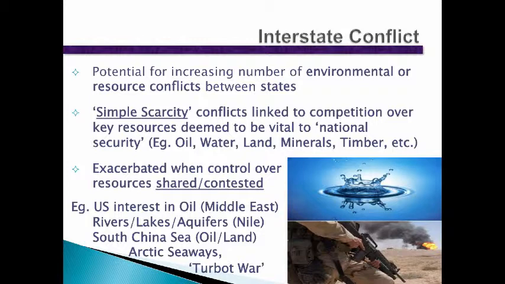Again, one example of this is the so-called Turbot War of 1994 to 1996 between Canada and Spain. This was over who would have access to some of the fishing waters and fishing rights off the east coast of Canada. Canada claimed them for their own. Many other states declared that they were in international waters and should be fished by anyone.